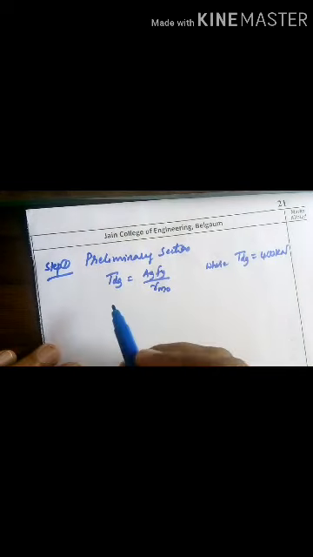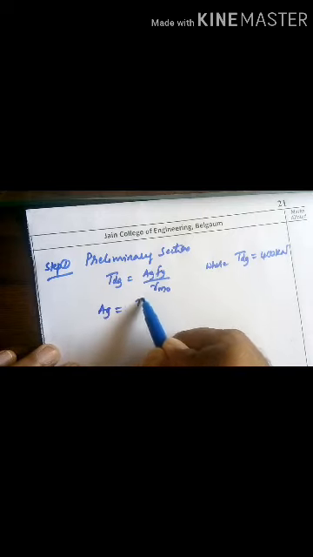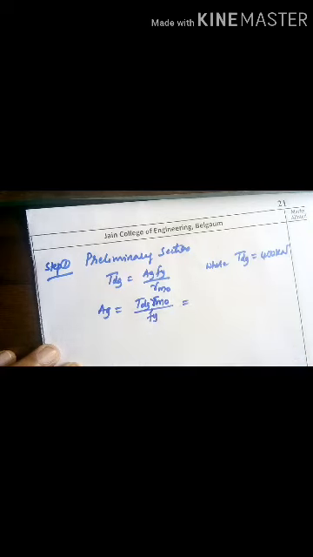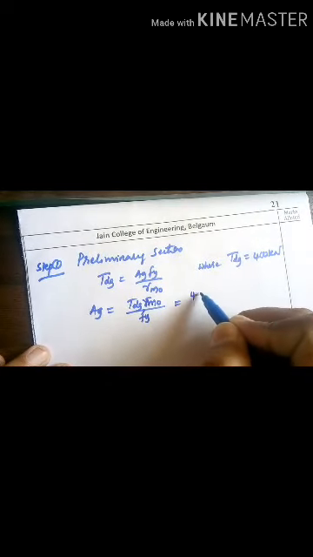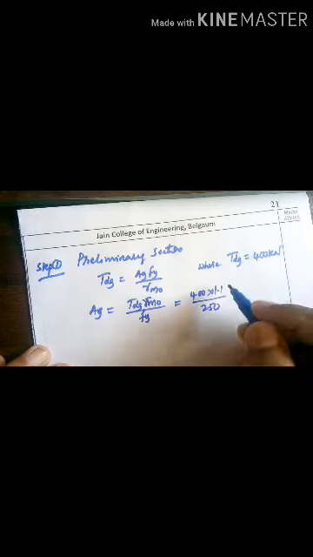Substitute that here, then we get Ag equal to Td into gamma m0 divided by fy. Substituting the given load, that is 400 into 1.1 divided by 250.